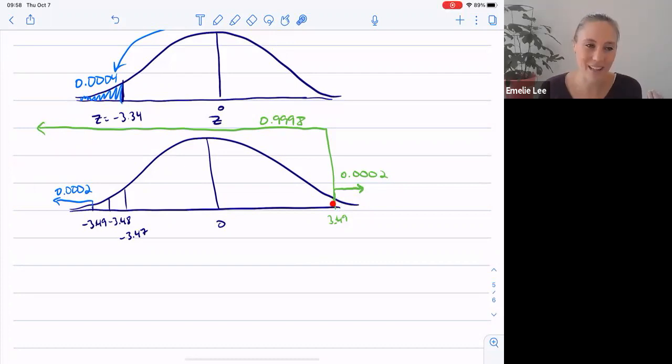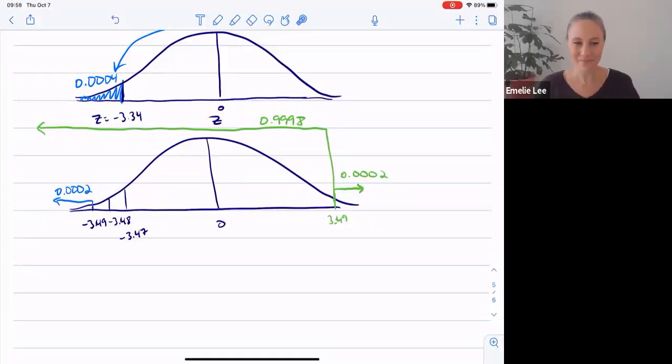You could find the area to the left of negative 3.49, right? That's fancy. You don't have to do that. You could find the area to the left, and then take 1 minus that to find the area to the right.